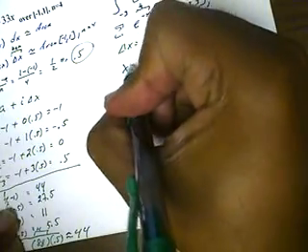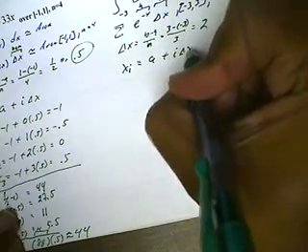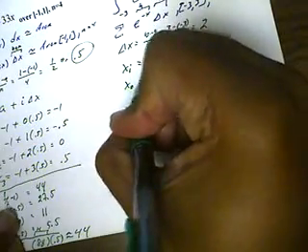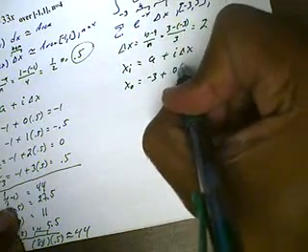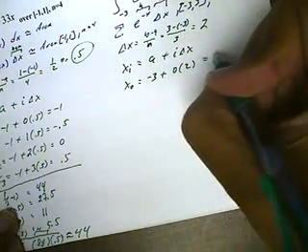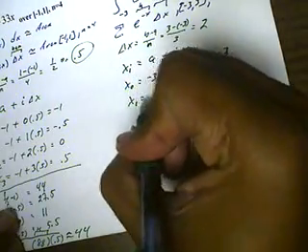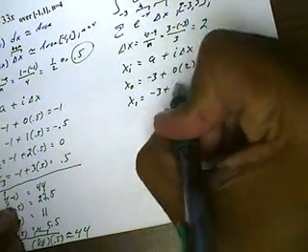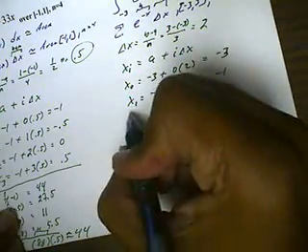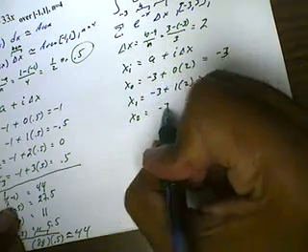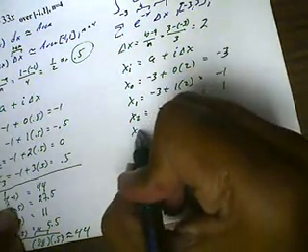Now, the formula for this one is a plus i delta x. So the first one will be -3 plus 0 times 2, and that's going to be -3. Then x1 is going to be -3 plus 1 times 2, and that's going to be -1. x2 is going to be -3 plus 2 times 2, which is 1.